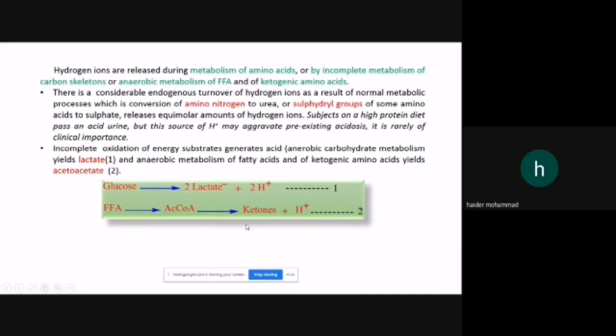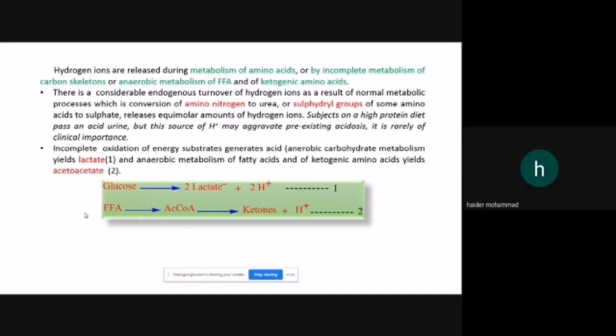And of course the ketones, as an energy source, go to the brain to give us energy, CO2, H2O and energy. So this second source is incomplete oxidation, and also anaerobic metabolism of fatty acid. Now we know the sources of the hydrogen ions in the blood.